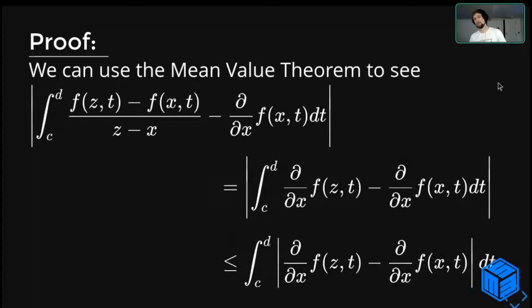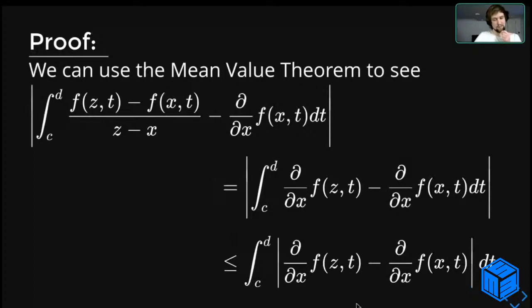And so we can use the mean value theorem to see that this equals f of z, t. Well, maybe not f of z, t. That's another typo, actually. Z would be some arbitrary point between z and x. So somewhere between z and x, we have a point where this takes on a value of its derivative.